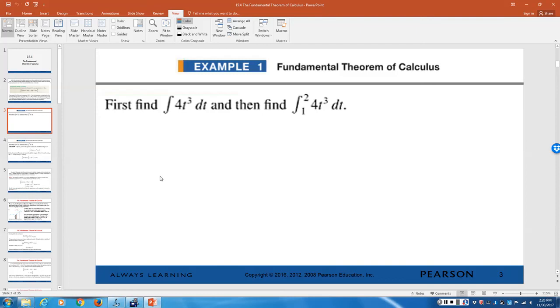So let's look at our first problem. What we're going to find is the integral of 4t to the third dt.